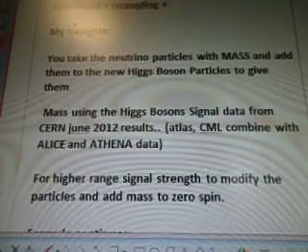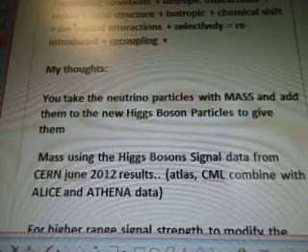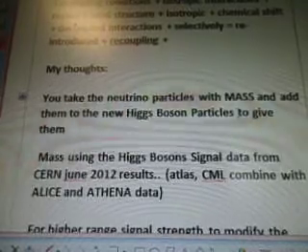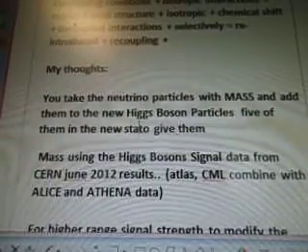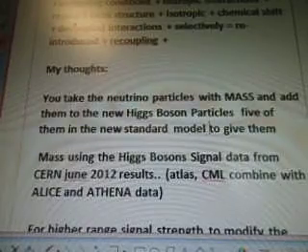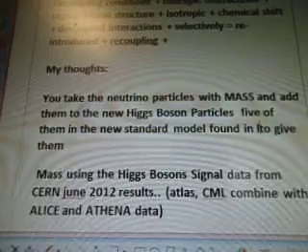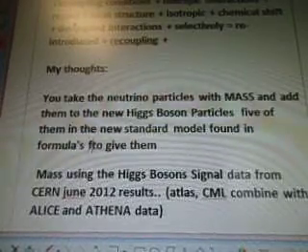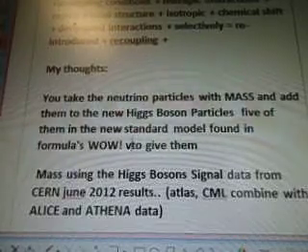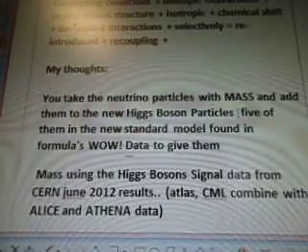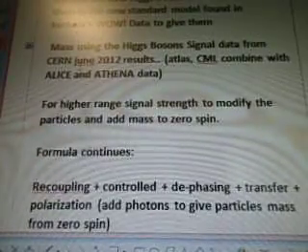My thoughts: you take the neutrino particles with mass and add them to the new Higgs boson particles in the new standard model, 5 of them found in the WOW data videos, to give them mass using the Higgs boson signal data from CERN June 2012 results.